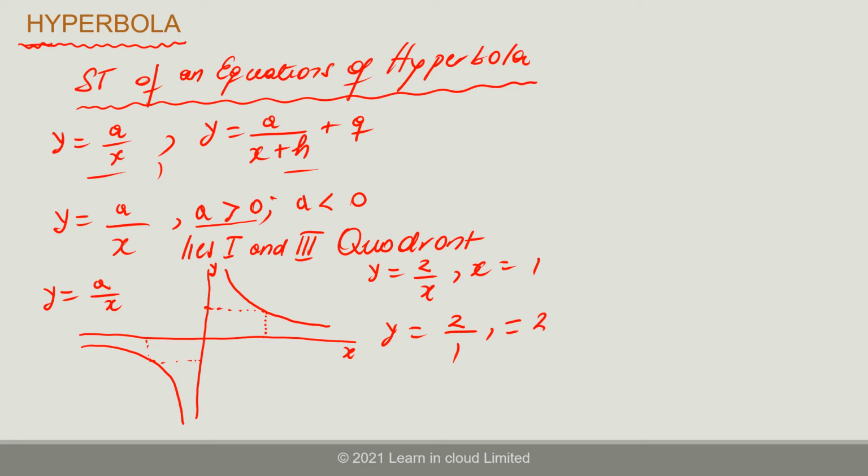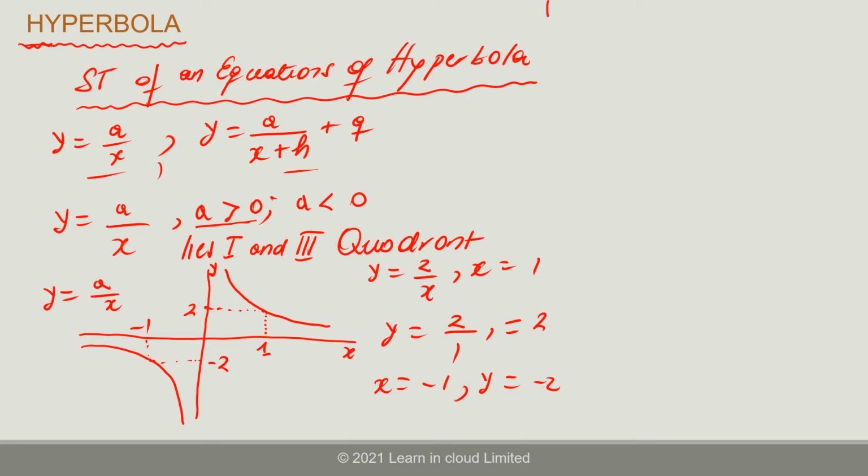So if x is equal to 1, our y is equal to 2. In the same way, if our x equals negative 1, our y is going to be negative 2. So let's assume that here we have negative 1, our y is equal to negative 2. So this is when a is positive, as in this example.